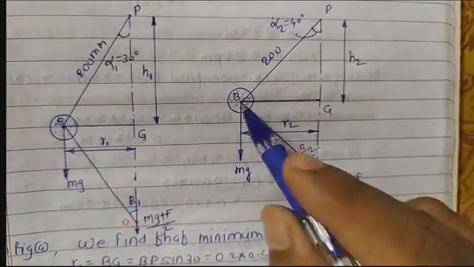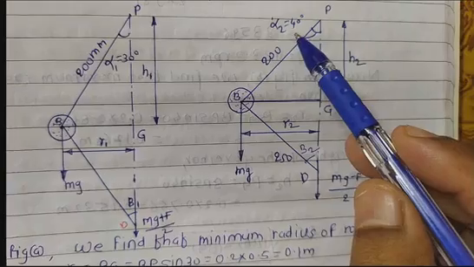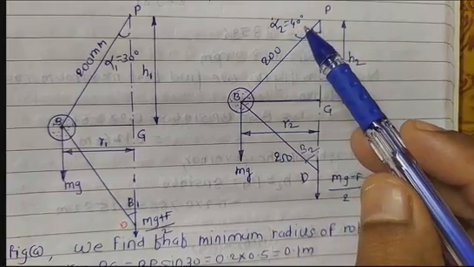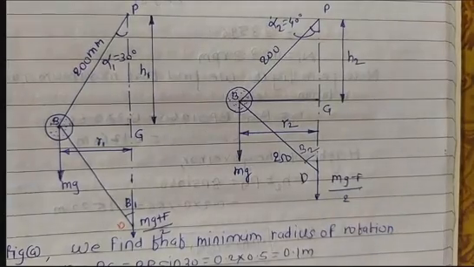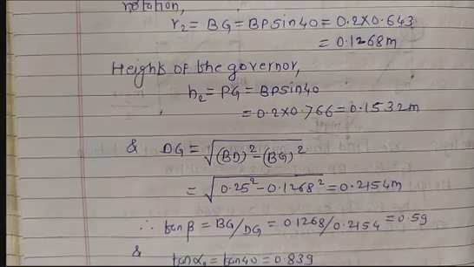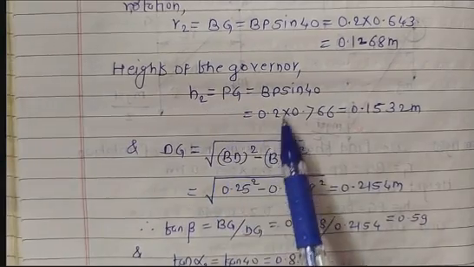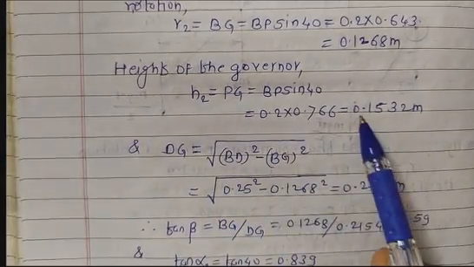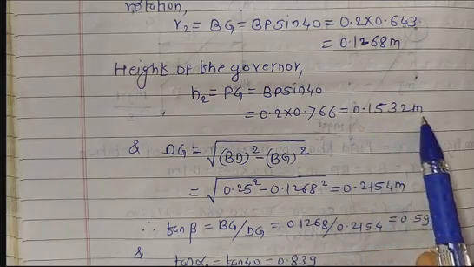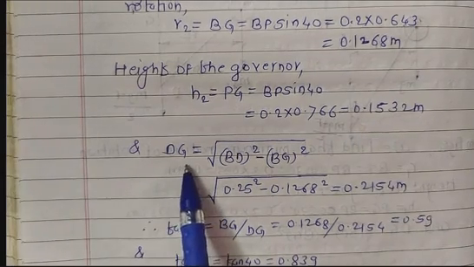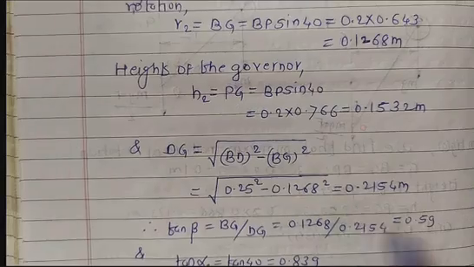From this triangle we can get DG. Here the value for alpha 2 is 40. From that we can get the height h2. After doing the calculation, h2 is 0.1532 meter. Similarly get the value for DG by substituting these values.